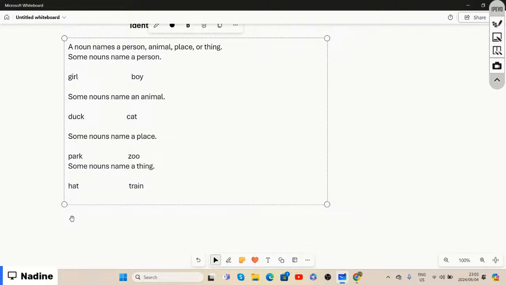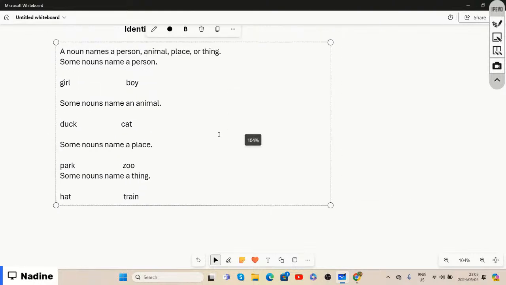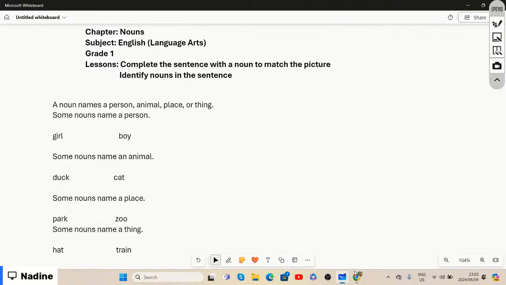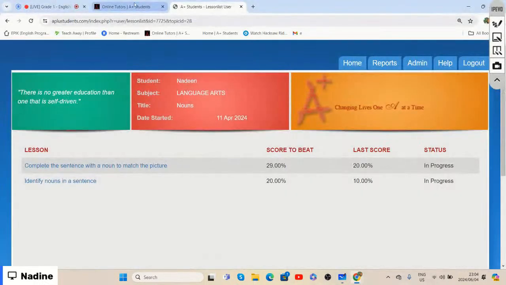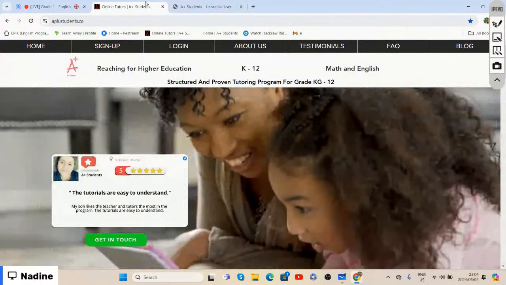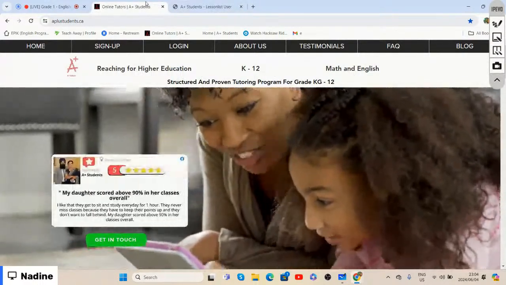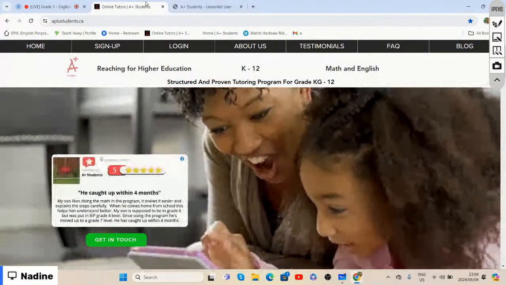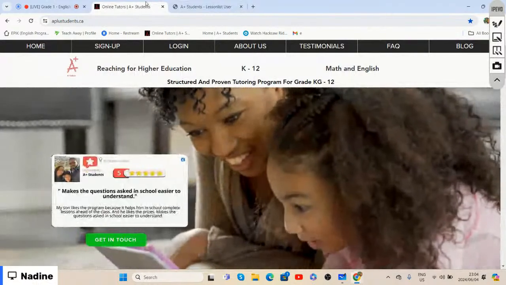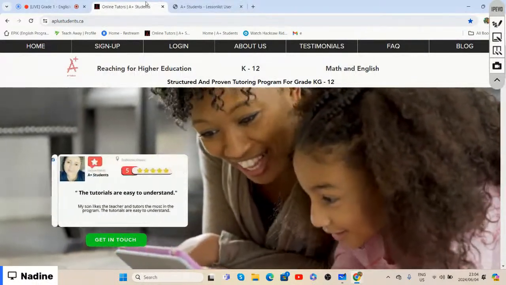Before we start, we're going to log on to aplusstudents.ca with our username as well as our password, and then we're going to select the subject of English language arts, Grade 1.